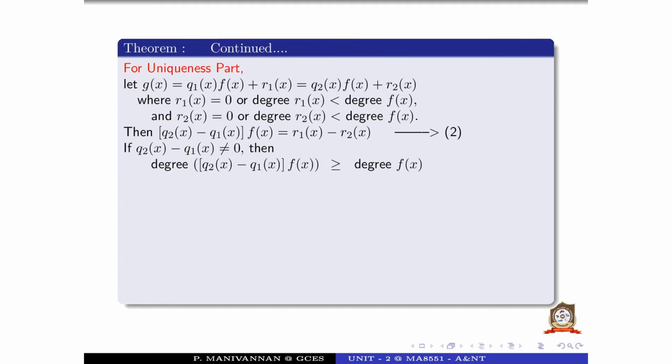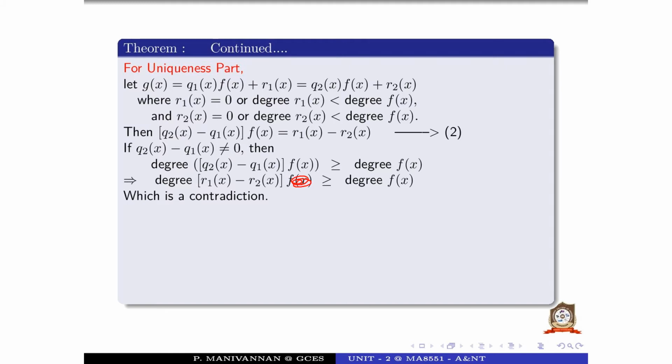If possible, take q2(x) - q1(x) not equal to 0. Then multiplying this term by f(x), its degree must be greater than or equal to degree of f(x).